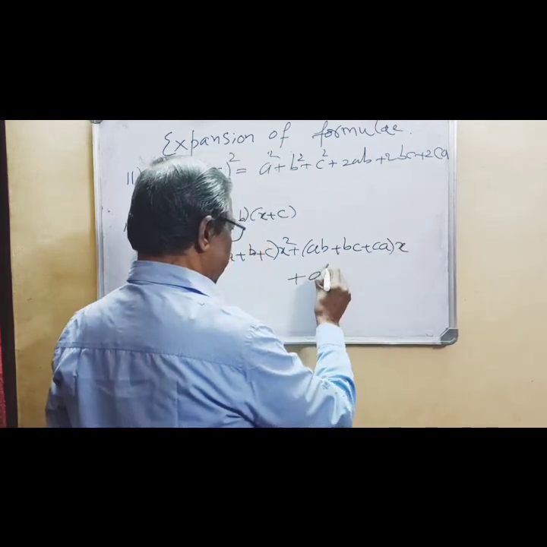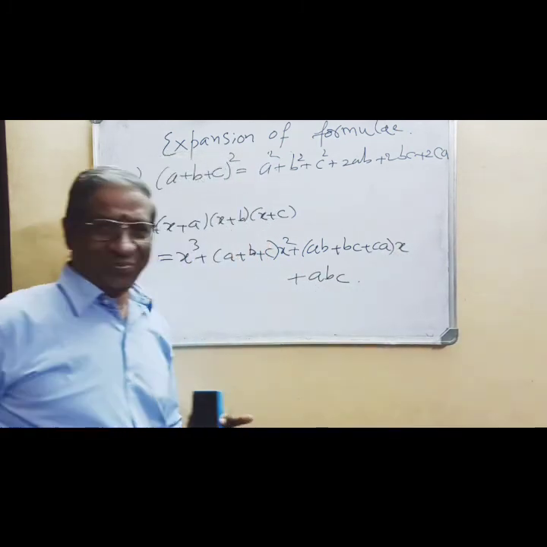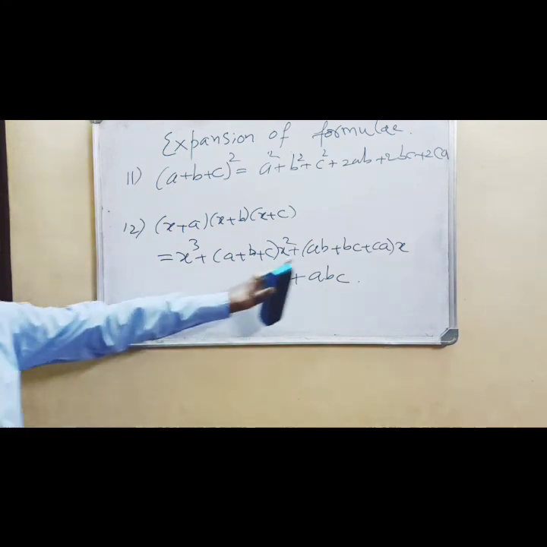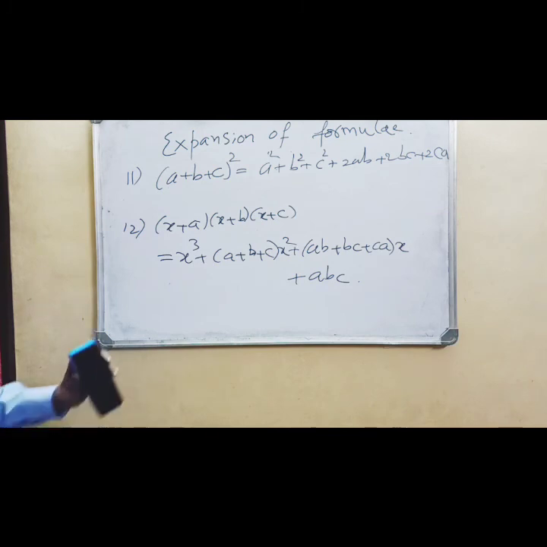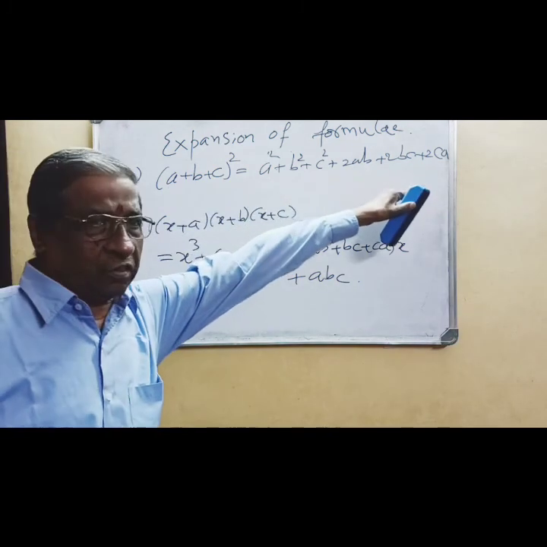Last one is abc. So there are 1, 2, 3, 4 terms. There are 4 terms. Here there are 6 terms.